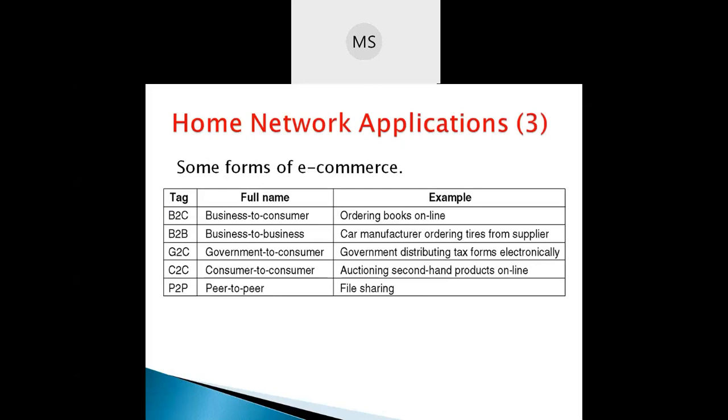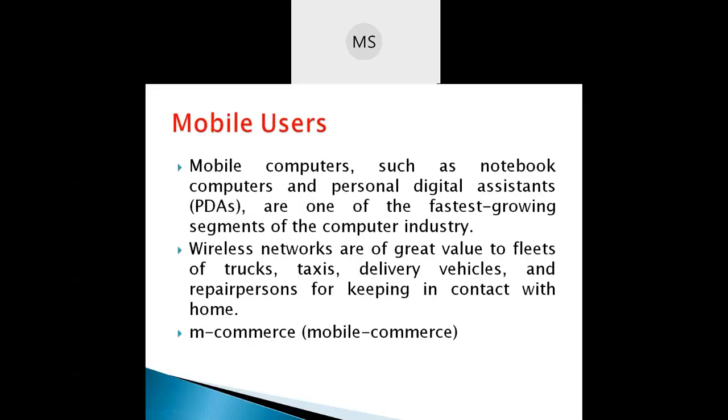Government distributing tax forms electronically is a form of government-to-consumer e-commerce, and consumer-to-consumer is auctioning second-hand products online. And file sharing is an example of peer-to-peer e-commerce.